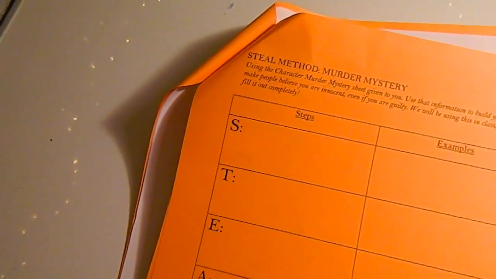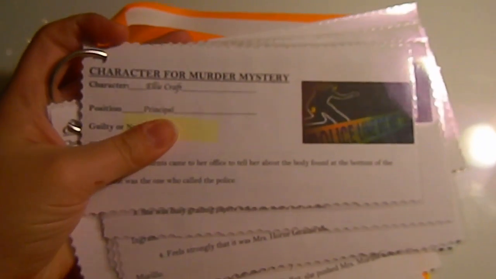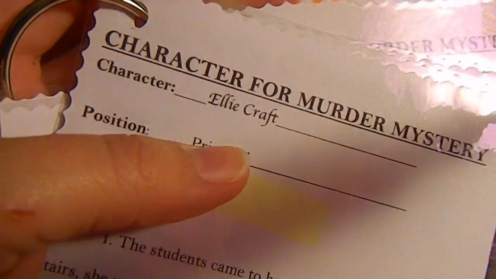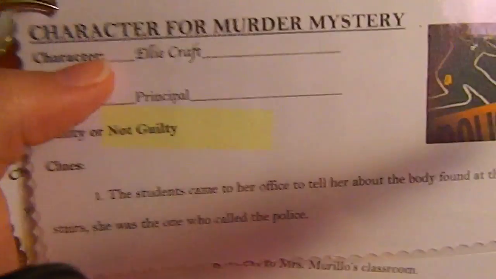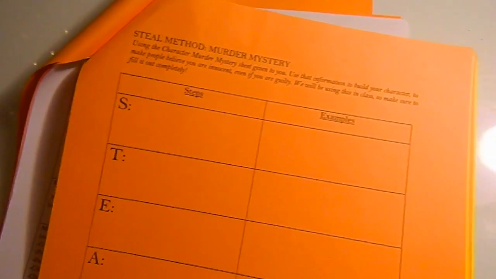Everybody has their cards that look like this. It has their character name, the position, if they're guilty or not guilty, and clues. From those clues and your card, you're going to create a STEAL method.